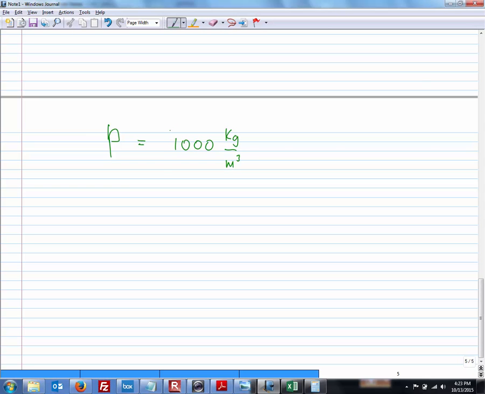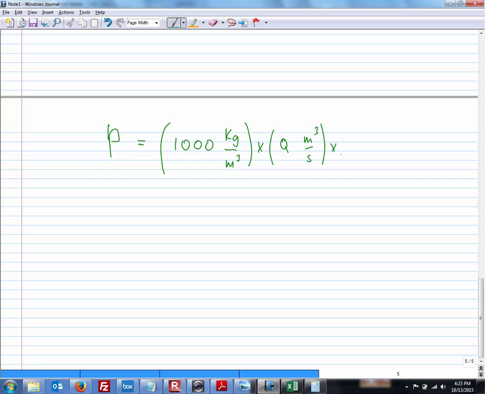I'm going to go ahead and put the units in, and hopefully they'll work out. Times Q, which is cubic meters per second, so meters cubed per second. I'm just adding the units in, they're not in the book.